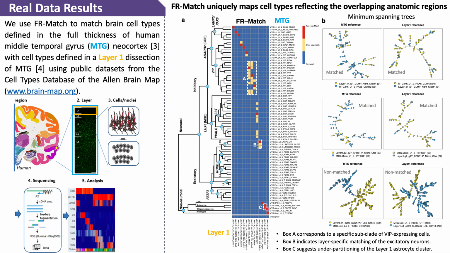And box C suggests under-partitioning of the layer 1 astrocytes as an inference from the FRMatch result. And panel B here are examples of matched and unmatched minimum spanning trees.